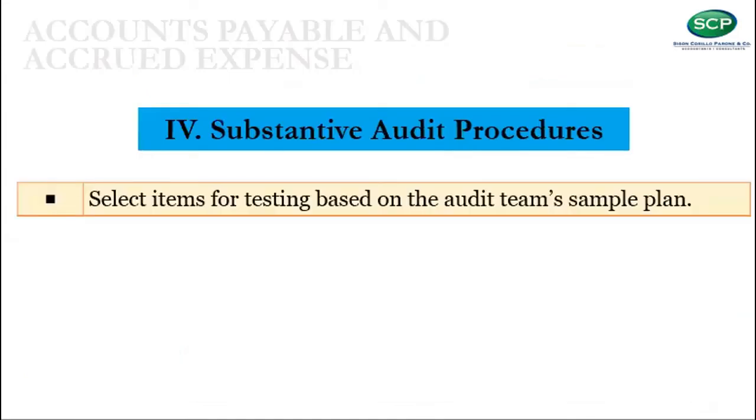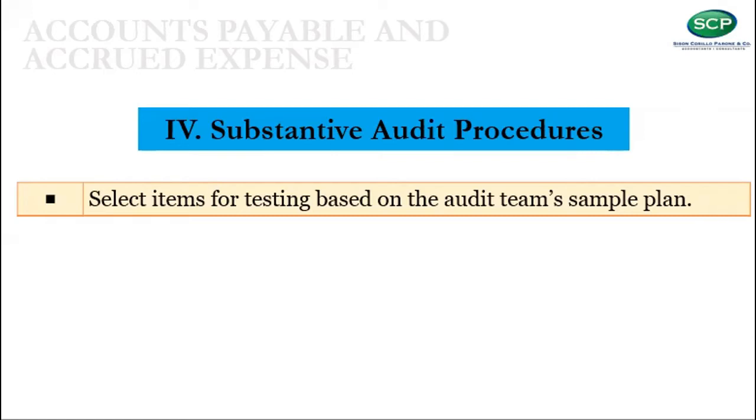to select items for testing based on the audit team's sample plan. Based on the schedule of accounts payable and accrued expenses provided to us, we should then select items for testing based on the audit team's sample plan.